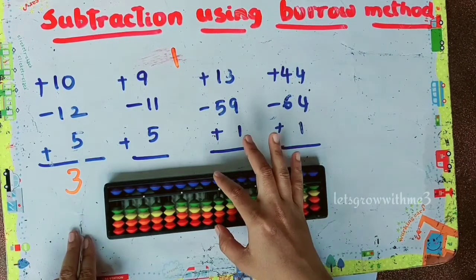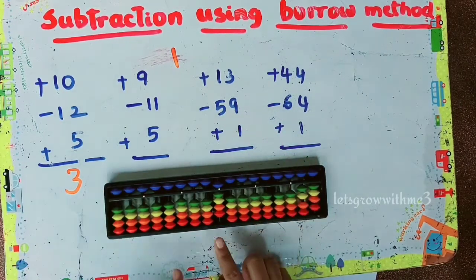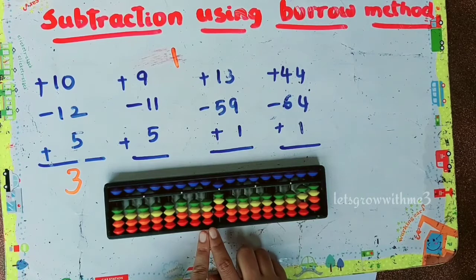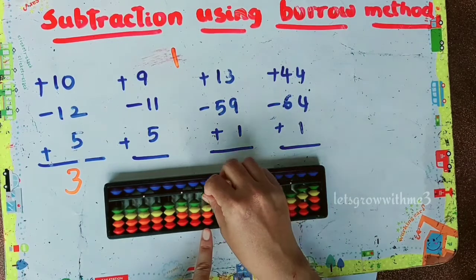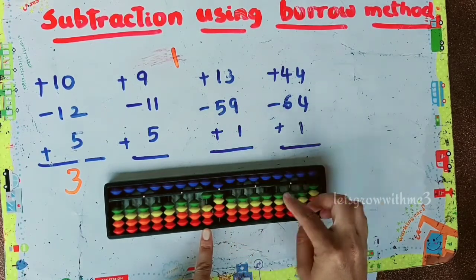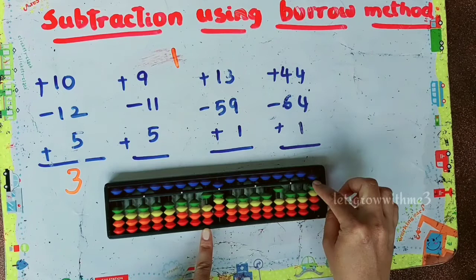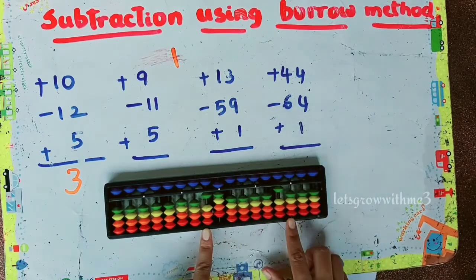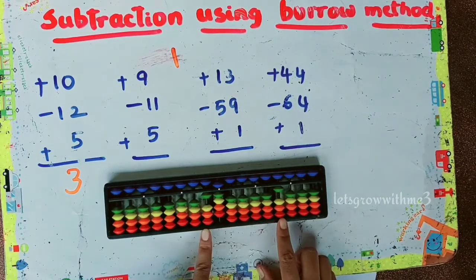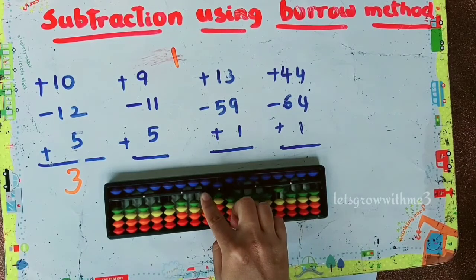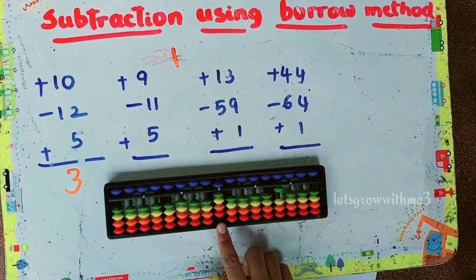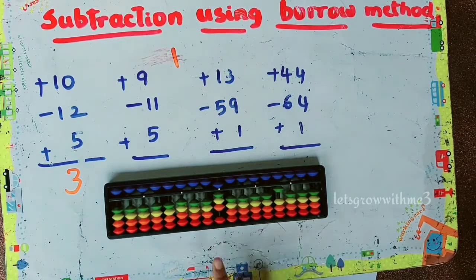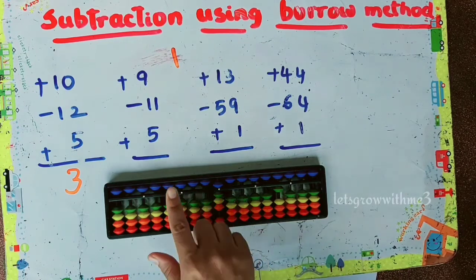Okay, let's solve the next question. 9 minus 11. You can't subtract 11 here, in 10's place we don't have beads. So let's take one bead from 10's place and represent that one over here in the same position. Now do the subtraction. Minus 1 in 1's place is a direct method. Just subtract 1 bead from 9. Now we got 8.